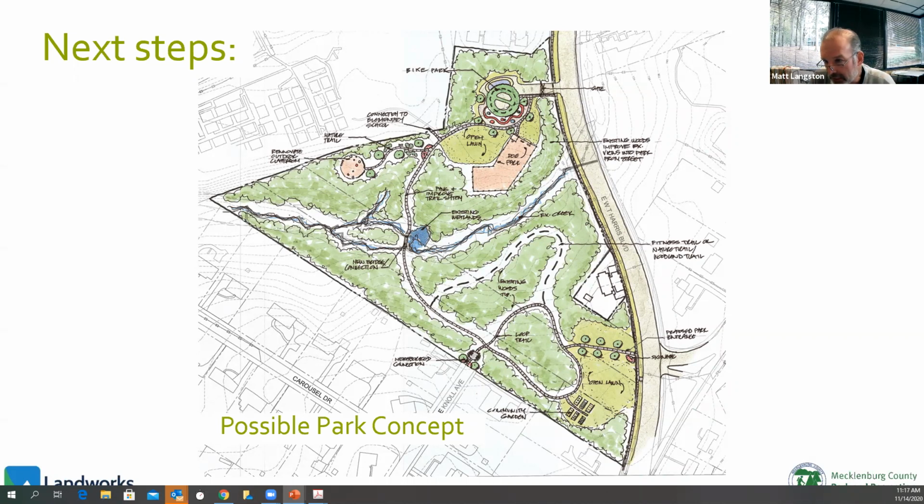And then from that, we'll start looking at what we can do within the budget we have for phase 1. So the master plan is one document, and then the phase 1 implementation is the next piece, and it's a subset of the master plan. Pieces of the overall master plan may be 5 or 10 years down the road, but we'll carve out a phase 1 set to move into construction plans and permitting and move into construction.